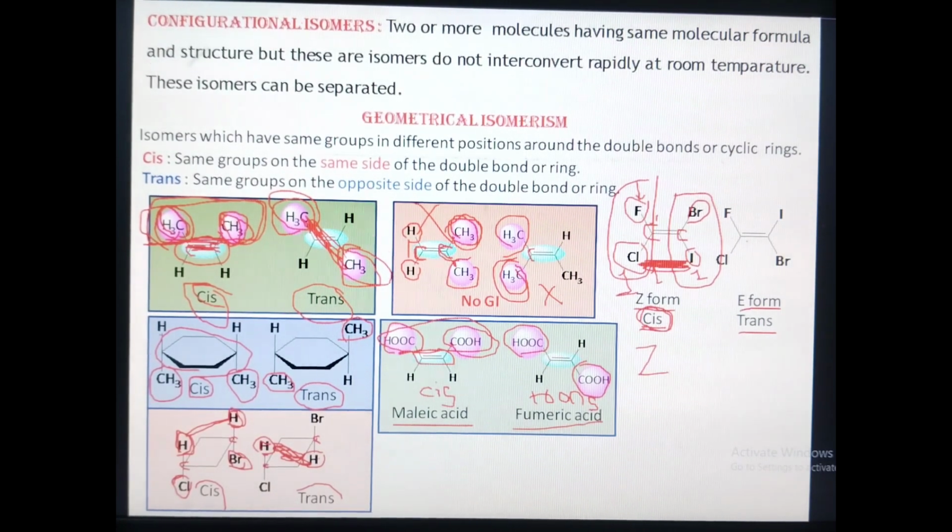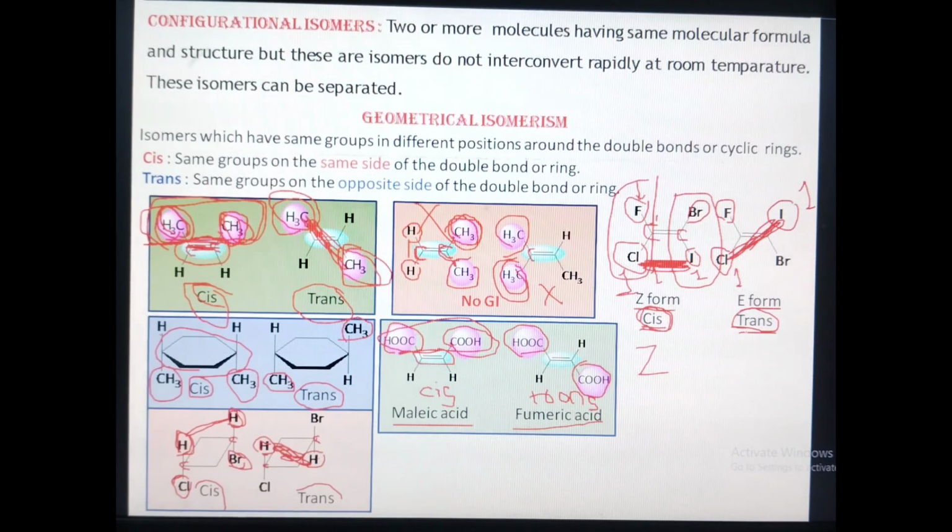Here in the second isomer, chlorine gets the higher priority, you can give it 1, and iodine gets the higher priority out of iodine and bromine, and the higher priority groups are on the opposite side of the double bond, hence this is trans.